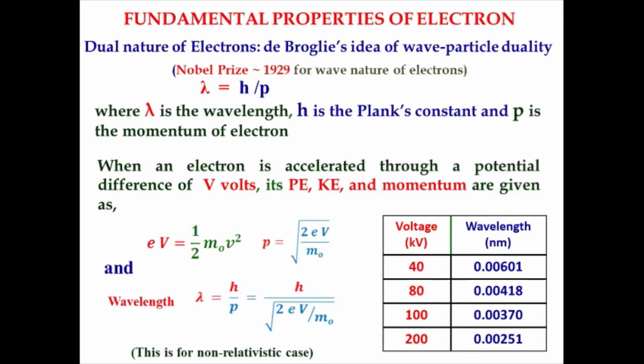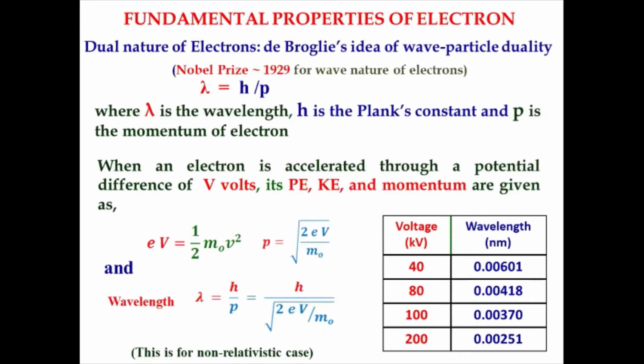When you apply a potential difference of V volt, the electron gets accelerated. As it moves, it has more kinetic energy, and from this one can calculate the wavelength. Remember, this is simple non-relativistic mechanics. We are not using the relativistic case here.